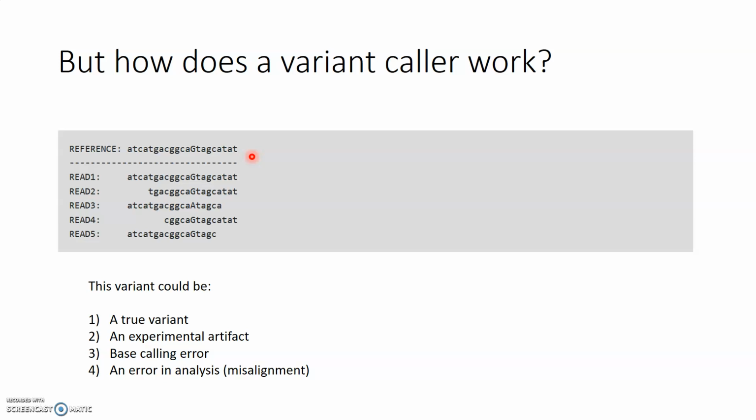So just basically speaking, how does a variant caller work? It's actually pretty intuitive when you think about it. It's just doing it on a very, very large scale. It's taking those short reads and aligning them to our reference. Because we have millions to billions of short reads, there will be a number of reads that match up to any particular portion of our genome.